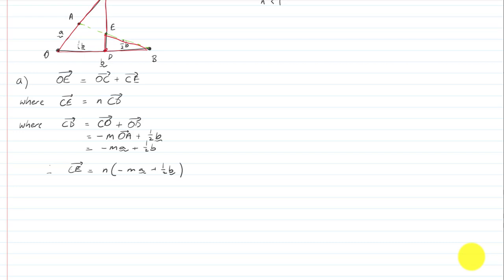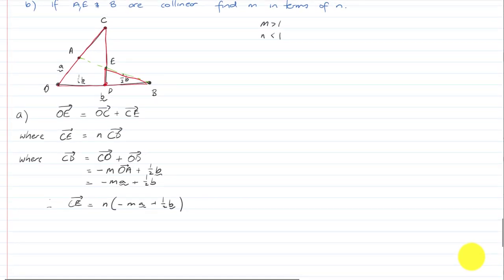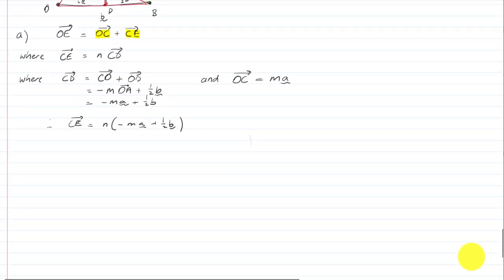Okay, so we're somewhere. Now, we've made a statement about OC, which helps us as well. So I'll make that little note over here. OC is equal to MA, because I've got an OC in my original one and a CE. And now I know about CE and OC.